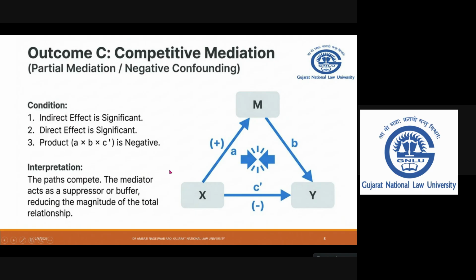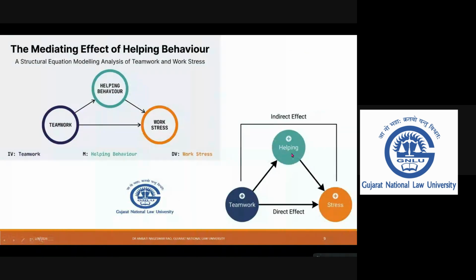If you look at the data set, it consists of three variables, three constructs: helping behavior, teamwork, and work stress. I want to understand the role of the mediator, helping behavior, in the relationship between teamwork and work stress. Right. Let me go to the next. So this is the data set they have shared.